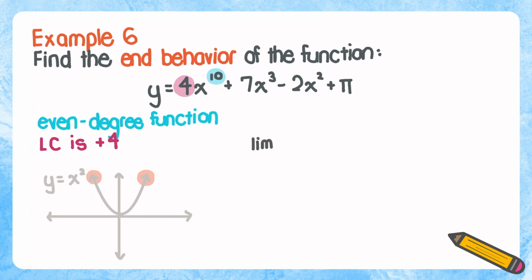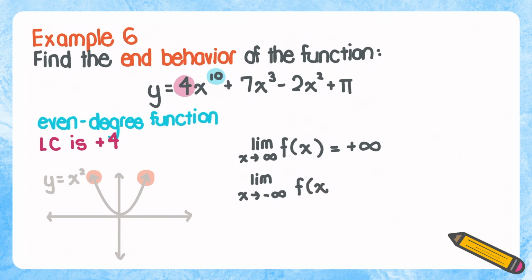So here, what happens at the ends, the limit of the function as x approaches infinity is positive infinity, because as we go to the far right, we keep going up. And the limit, oops, I wrote it in the wrong order, of f of x as x approaches negative infinity.